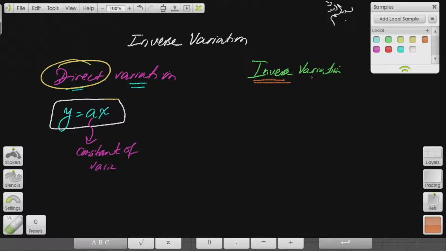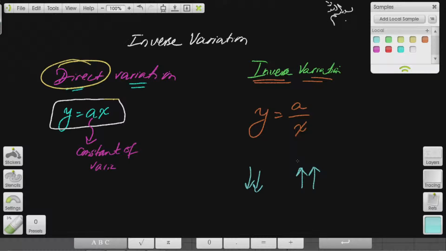On the other hand, inverse variation is like this, y equals a over x. In this case, they're inversely related. If one goes up, the other one goes down. If one goes down, the other one goes up. This is the inverse correlation. For example, if somebody puts in more hours dieting, their weight will go down, right? The more hours they diet, their weight goes down.